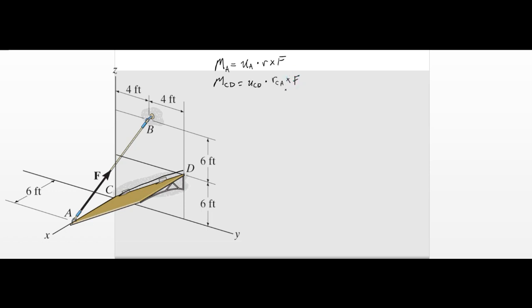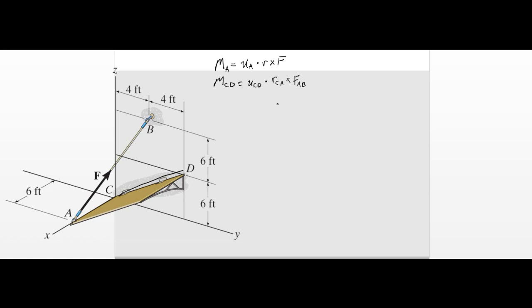Right now we don't know the magnitude of F, so we're going to have to calculate both. We'll calculate the unit vector of this F, which we can give a subscript as well: F_AB, going from A to B. We're going to calculate the unit vector from A to B and then multiply by F to get both magnitude and direction.